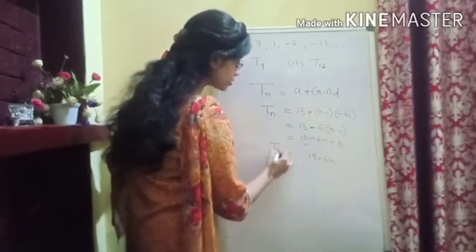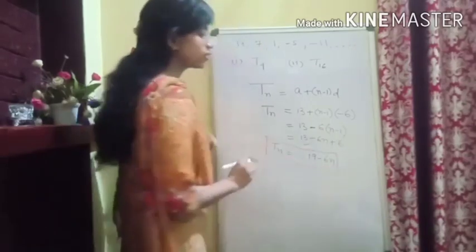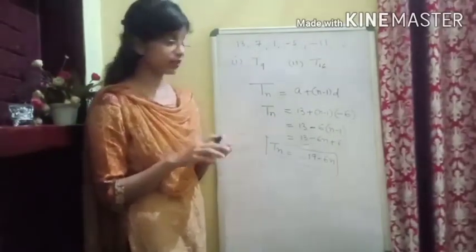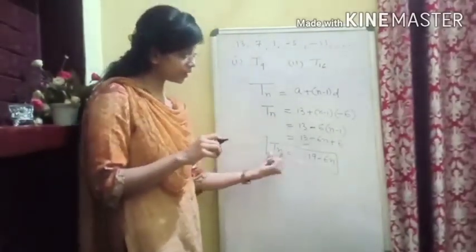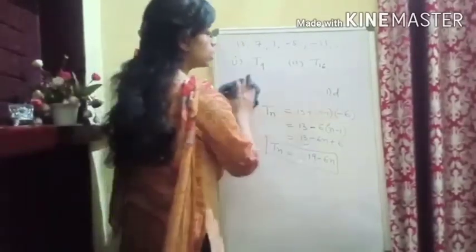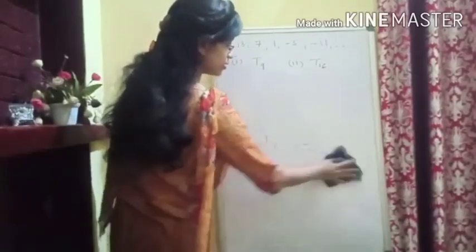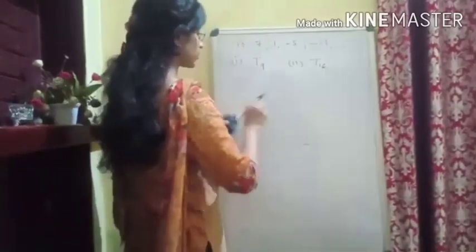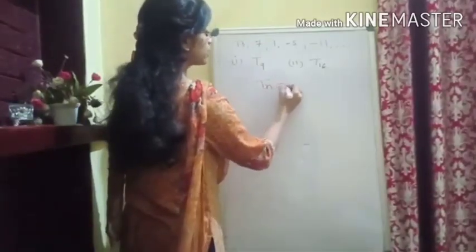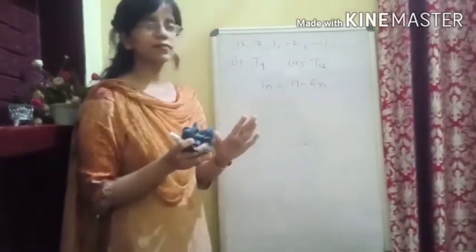So the general term is coming, Tn is coming 19 minus 6n. Are you getting this thing, that the general term, or nth term, is coming 19 minus 6n. Okay. Now let's see the next part of the question.